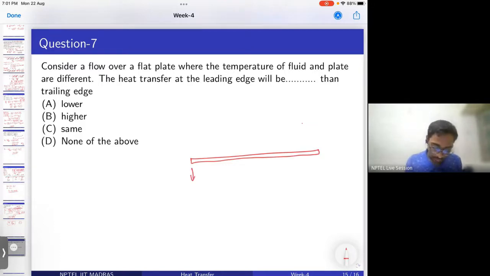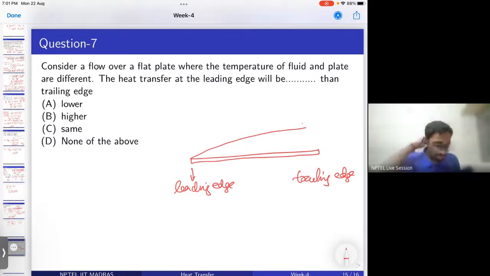So this is the leading edge. This is the trailing edge. I am considering that for the entire length of the plate, the flow is laminar. So this is the boundary layer, meaning the thermal boundary layer.